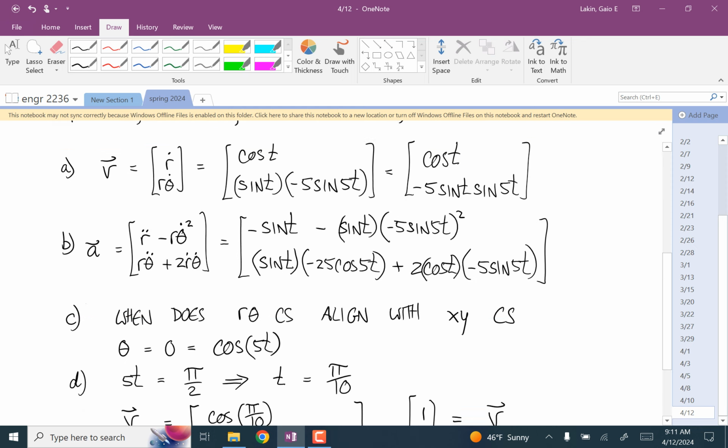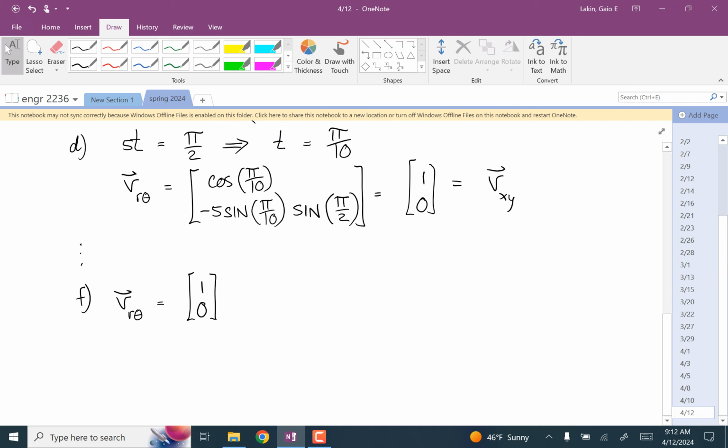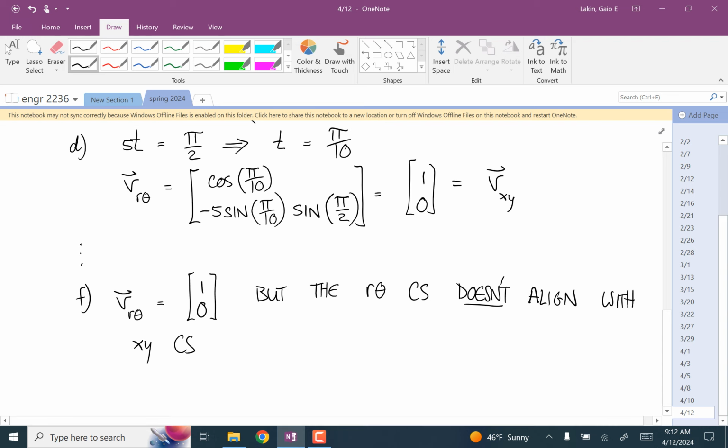Okay, but the r theta coordinate system doesn't align with the XY coordinate system at this instant.